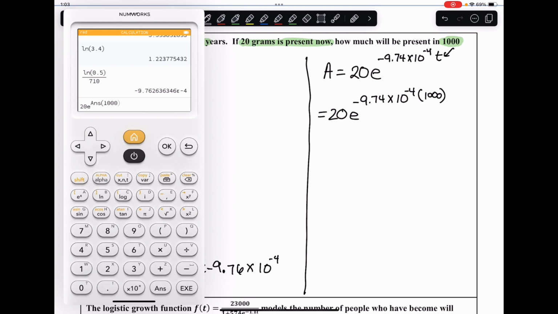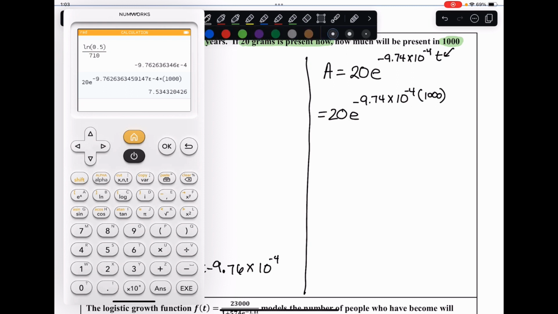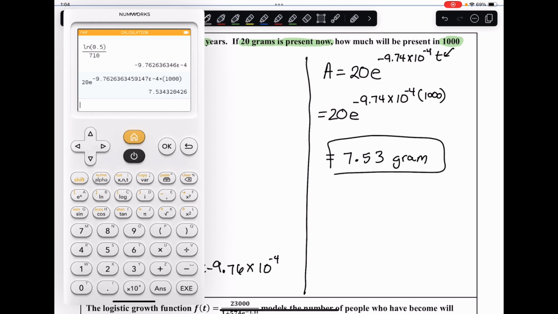You could write the number negative 9.74 times 10 to the negative 4, but since it's already my answer, I'm just going to insert my answer as the exponent and multiply that answer by 1,000. And that's going to tell me that after 1,000 years, the amount of this silicon-32 that's going to be left is around 7.53 grams. So this is your answer.